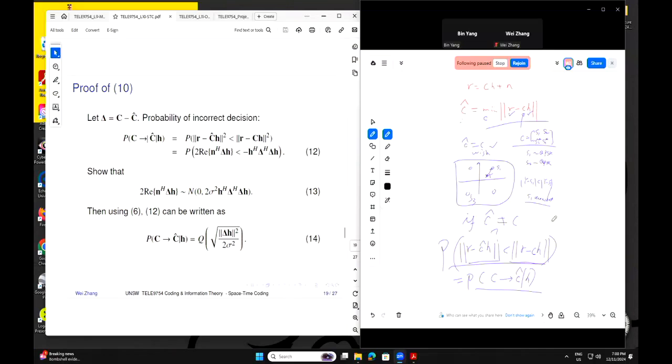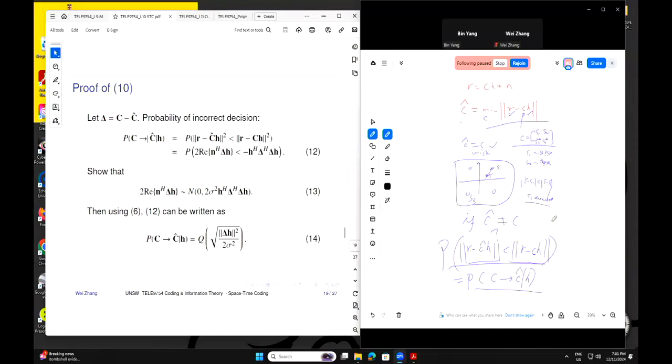I think I spent a lot of time talking about this step. Once you get this correct understanding, I think only step one is very critical. All the following is just mathematics, okay? Only in step one, regarding the detection theory, you need to understand what the optimal detection is, nearest neighbor, and why I choose the nearest neighbor and still can get error.